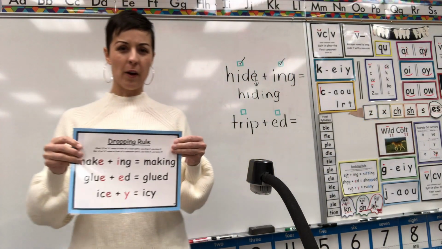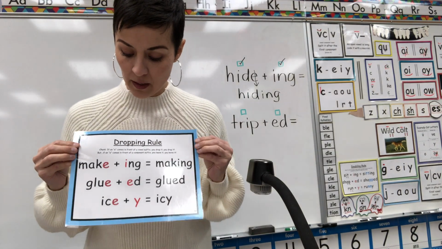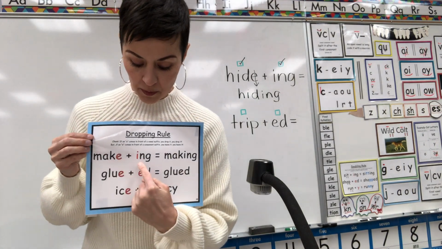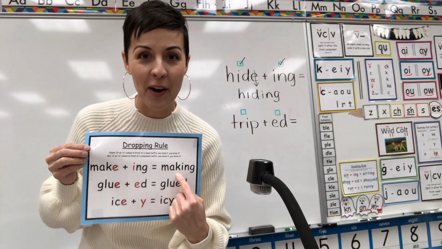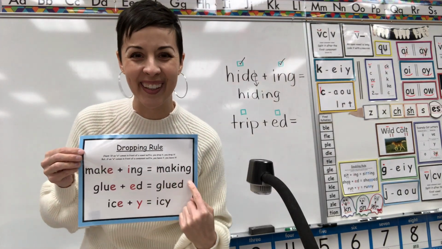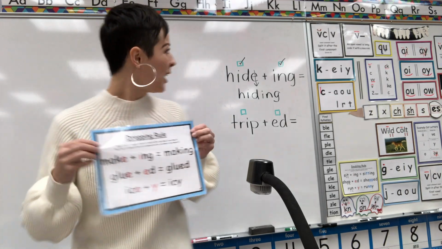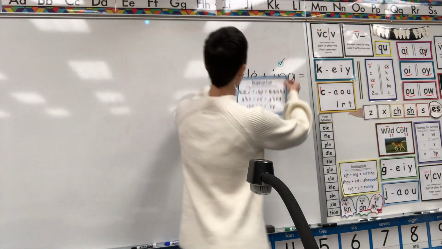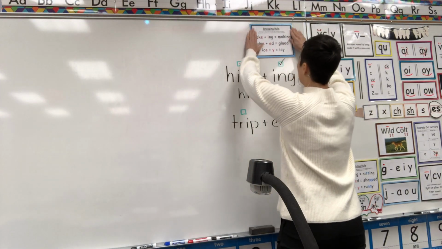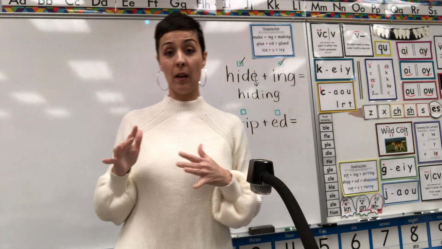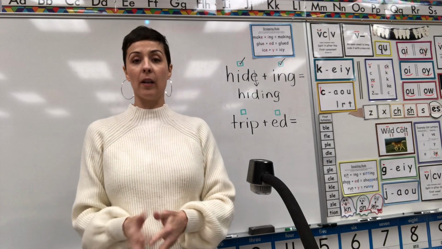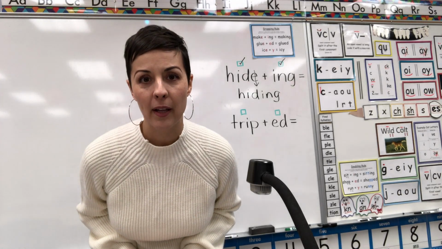Going to remind you of our dropping rule sign that says if an E comes in front of a vowel suffix, you drop it, you don't put it in the whole word. So I'll keep this up here just for us to remember. And then I want to see if you remember the chant that goes with it. I don't know if your teacher taught you this, but in my class we do it like this.